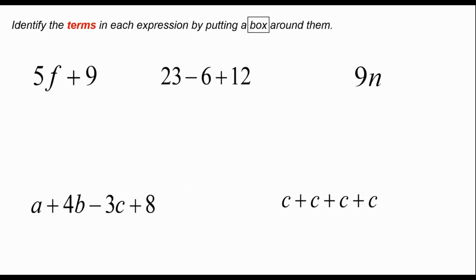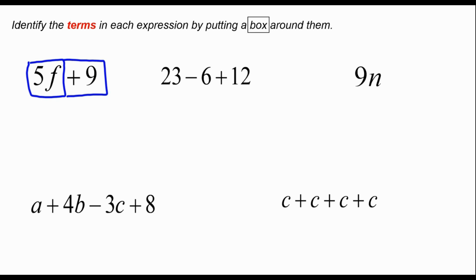So let's take a look at some examples and see if we can identify the terms in each expression by putting a box around them. I like to put boxes around my terms because it makes it clear what the terms are and how many terms there are in the expression. Let's start here: 5f plus 9. There are two terms in this expression, 5f is the first one, and plus 9 is the second term.